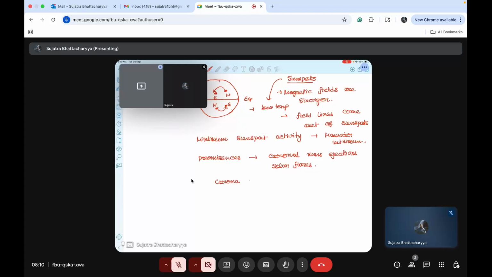The corona is what? It is hot, ionized plasma moving away from the sun. Okay.